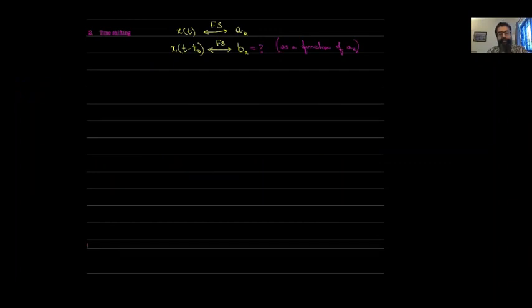So the second property we're going to talk about is time shifting. Once again, let x of t be a periodic signal, which has a Fourier series decomposition given by a sub k's. The question we want to ask is, what if I shift the original signal by an amount which is t0 seconds? What happens to the Fourier series coefficients? How can I relate the Fourier series coefficients of the shifted signal with those of the original signal, which are a sub k's?